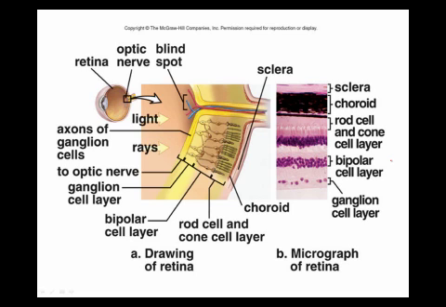Again, the tips of those photoreceptors can absorb light. They synapse with a second layer of cells, the bipolar cells, and then the bipolar cells synapse with yet a third layer of cells, the ganglion cells, and it's the axons of these ganglion cells that exit the eye and form the optic nerve.